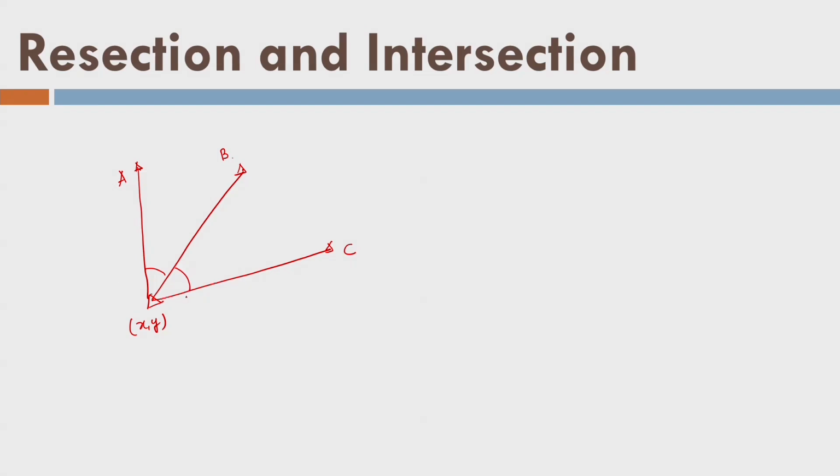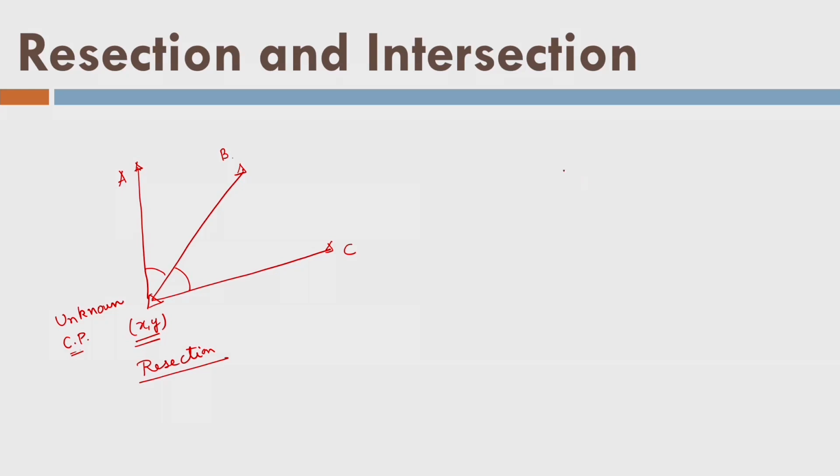So, by these 5 measurements I can find out the position xy, and this process is called resection. That means I am determining the unknown control point by observing the known control points from the unknown control point. So, A, B, C are known control points.